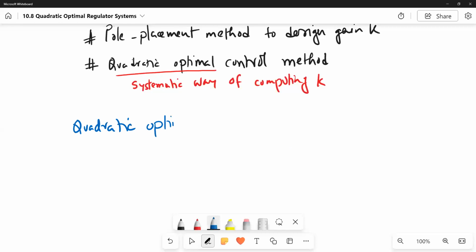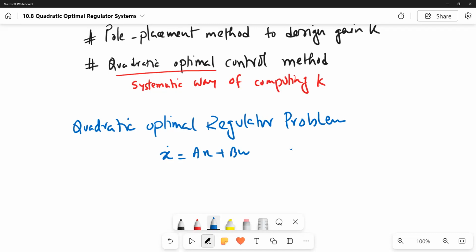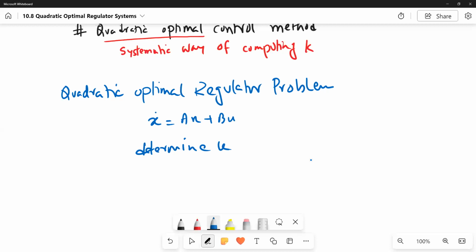If a system is given like x dot equals Ax plus Bu, as we already know, our objective is to determine K such that it will give you the optimum input signal u(t) equals minus K x(t). Basically, a state feedback system with state feedback gain K.